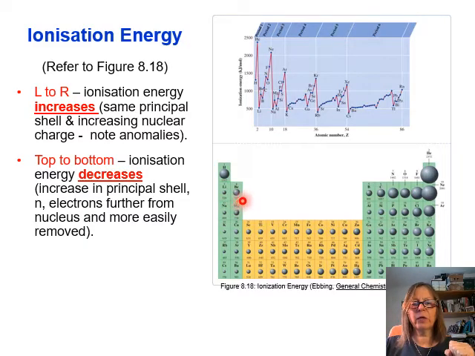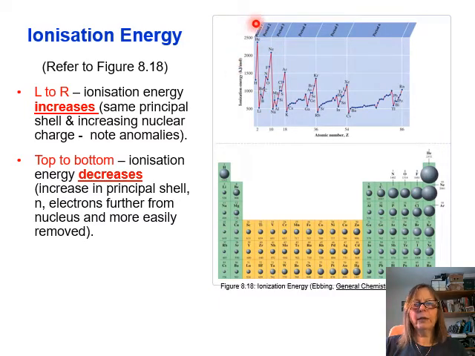So compare, for instance, beryllium and boron. It is also easier to remove a single paired electron in the 2p orbital of oxygen than it is to remove an electron from the half-full 2p orbitals of nitrogen.